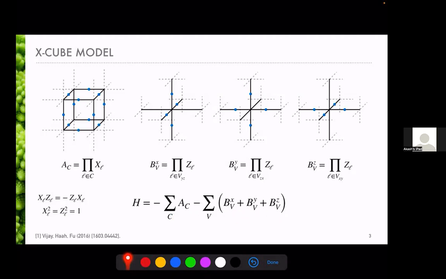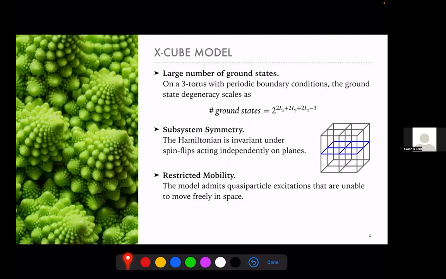I'm not going to do this simple algebra here, but you can plug that in and see that the A operator also commutes with all the B operators. So it's basically a totally commuting Hamiltonian. And since all the terms of this Hamiltonian commute with each other, this theory is exactly solvable. So you can solve this theory exactly and see what it gives you.